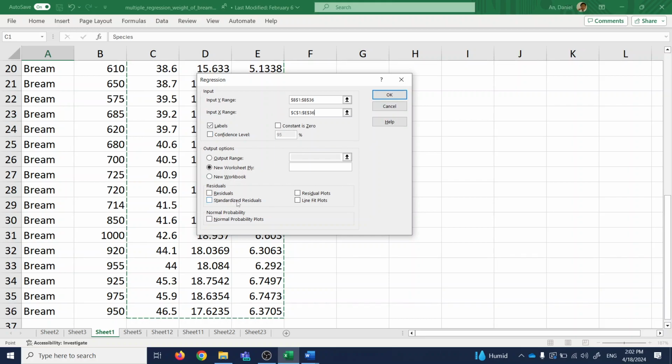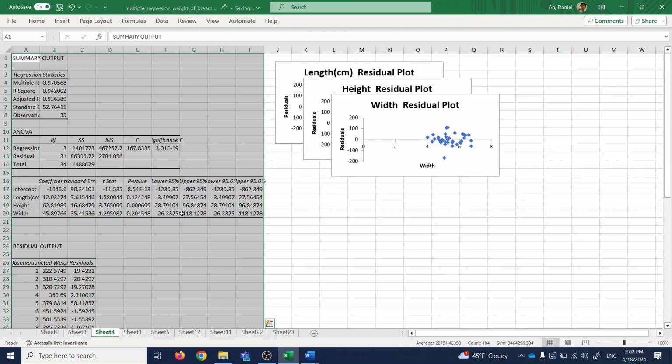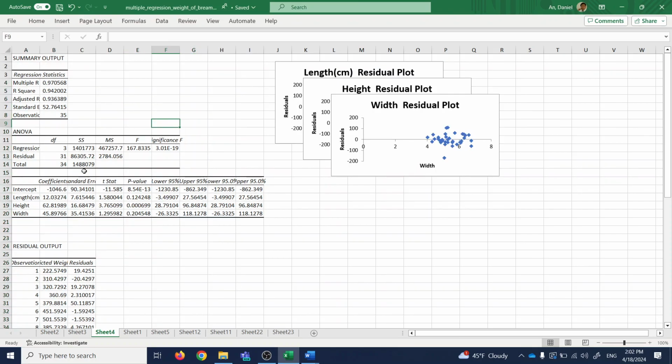You can also do residual plots if you want. Let's try this one. Okay, so if you execute this, it's going to make new graphs, and these are the residual plots.